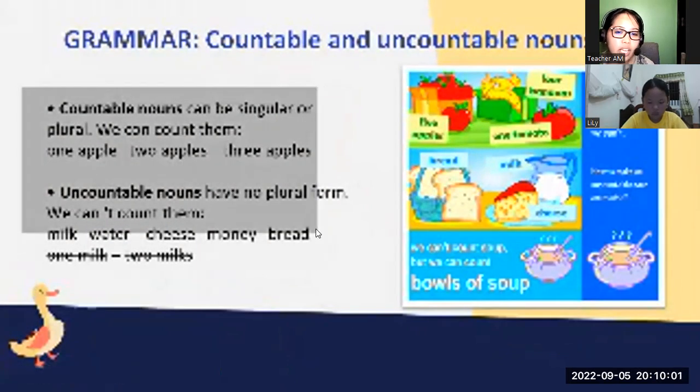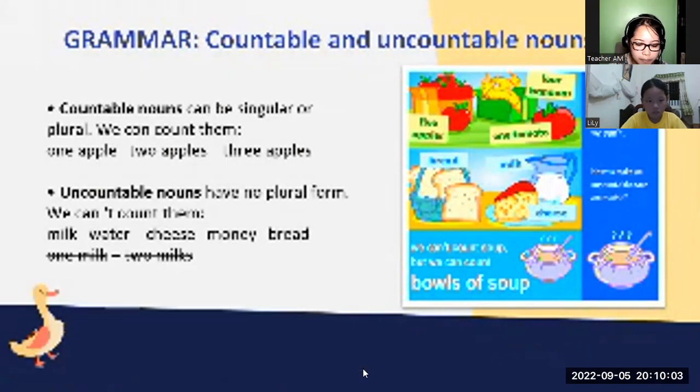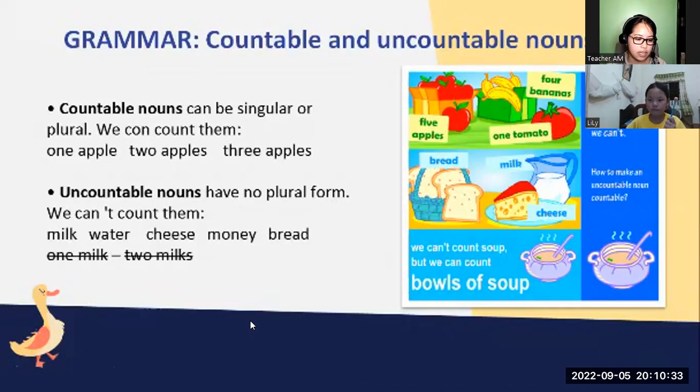Okay, so here, can you please read this one, Lily? Okay, so I will send this one to you in Zalo. Go to your Zalo. I'll send it there.